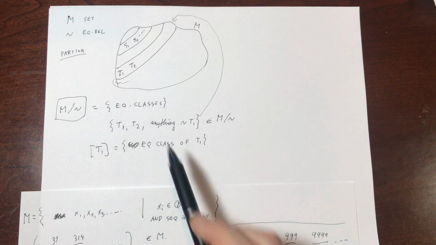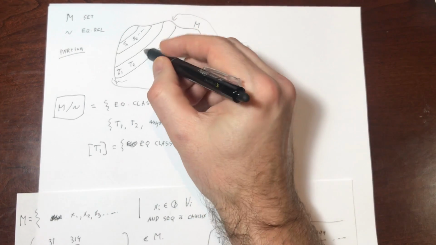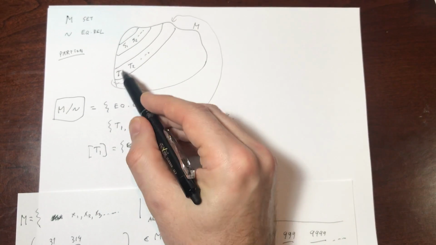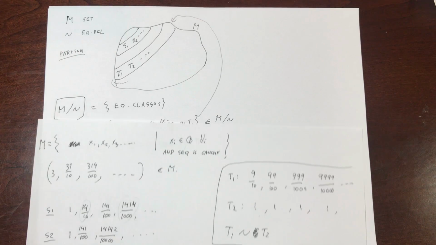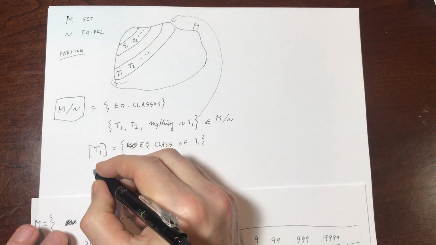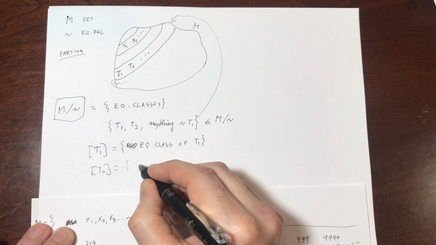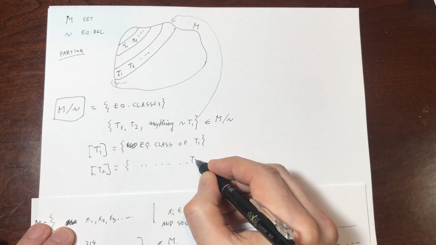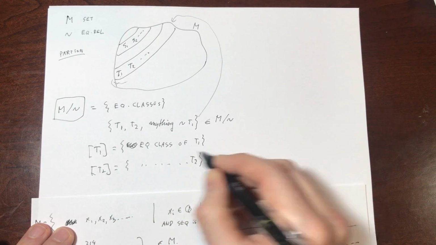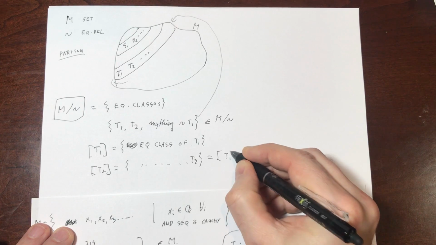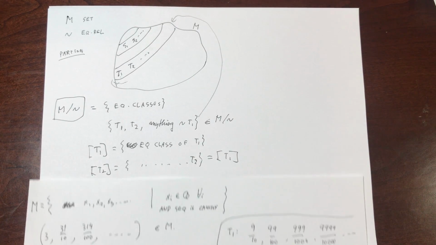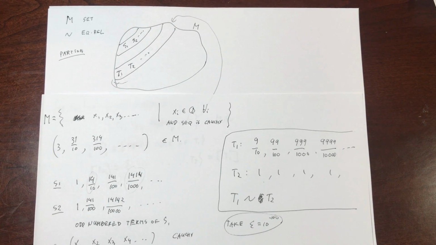Now, the equivalence class that contains T2 is the same as the equivalence class that contains T1. So the equivalence class of T2 is actually the same as the equivalence class of T1. Okay.